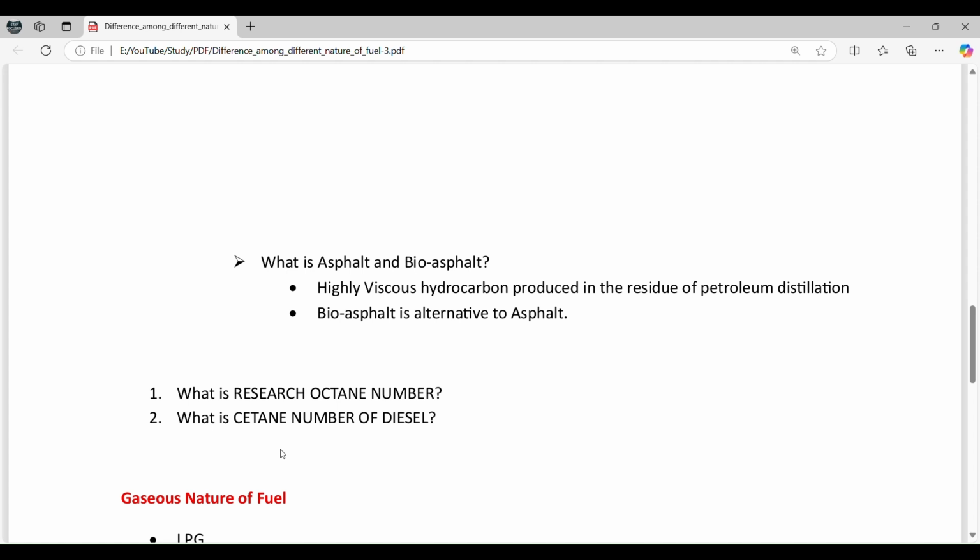Based on the research octane number only are we able to find the performance of the gasoline engine fuel. Then how can we say whether a higher RON is better or a lower RON is better? RON is nothing but the research octane number. Fuels with a higher research octane number are mostly used in higher performance engines.